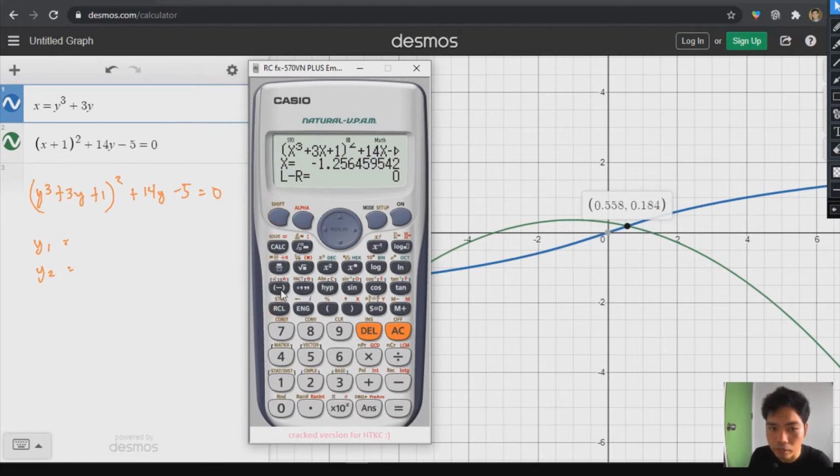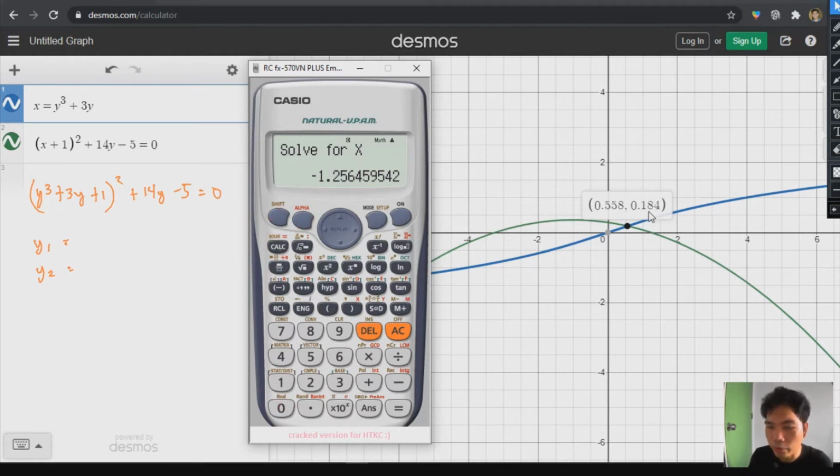I'll store this value so we won't have a problem later. You can't go back to your equation, so you need to type it again: y cubed plus 3y plus 1 quantity squared, plus 14y, minus 5 is equal to 0. Okay, and then shift solve.